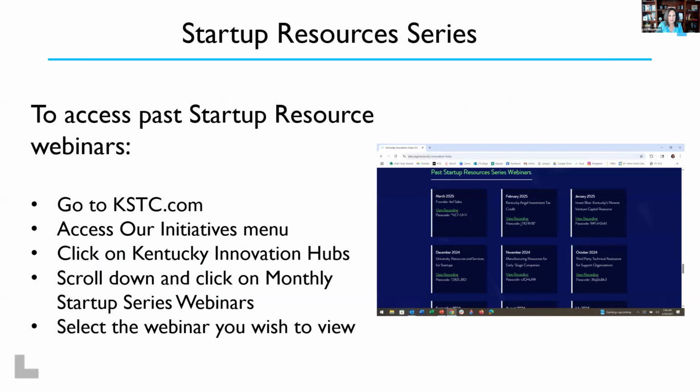Before we jump right into it, I want to make sure that you all are aware, if you ever are in need of getting back to a previous startup resource webinar that we have held in the past, we do keep a library of all of those. Just head on over to kstc.com. You'll see a drop-down menu, access the Our Initiatives menu, and click on Kentucky Innovation Hubs. You'll scroll down that page and you'll see monthly startup series webinars.